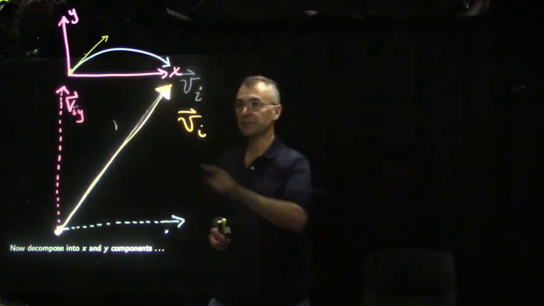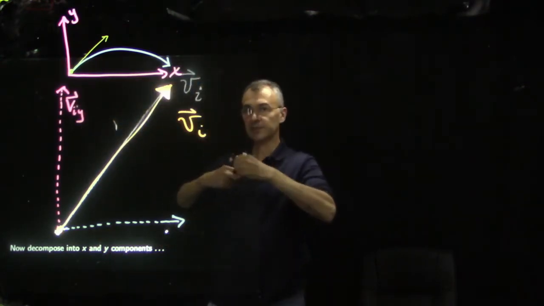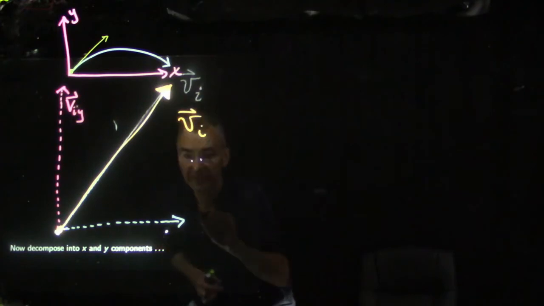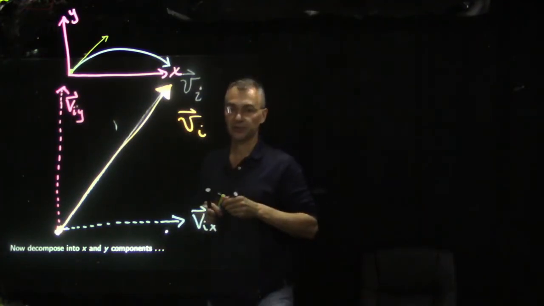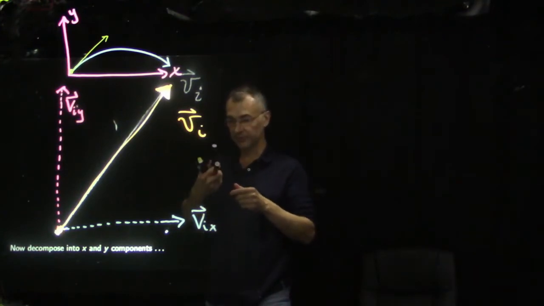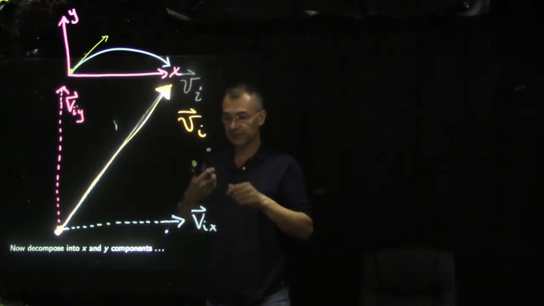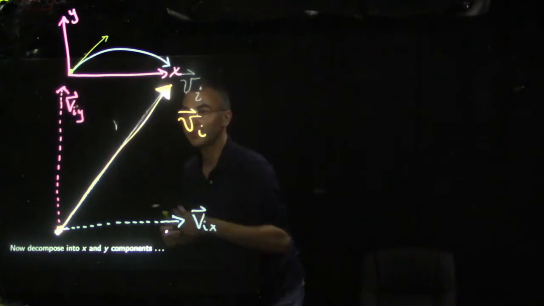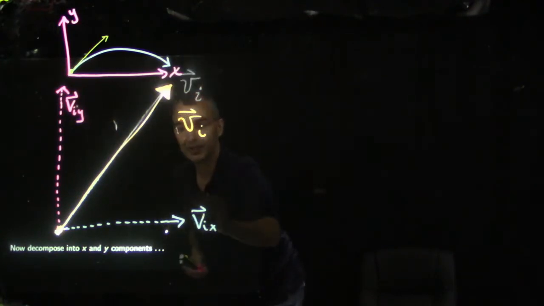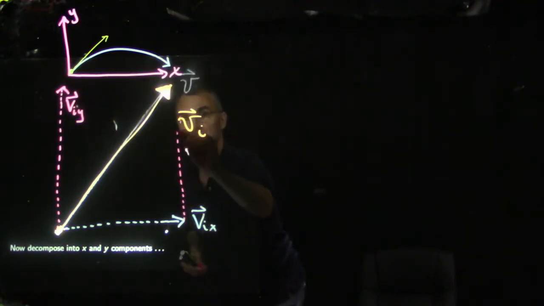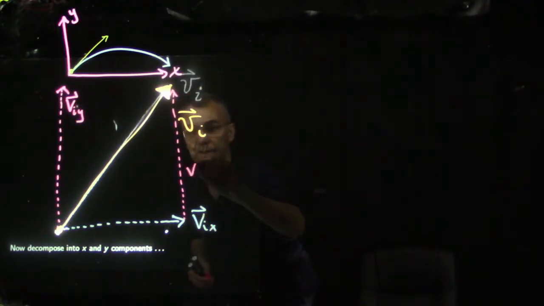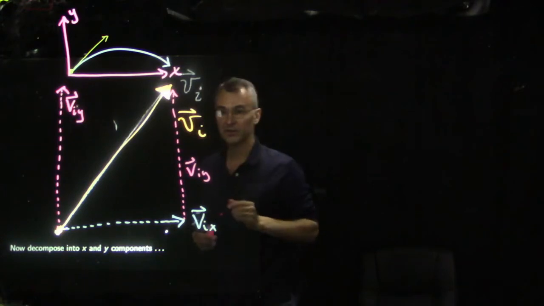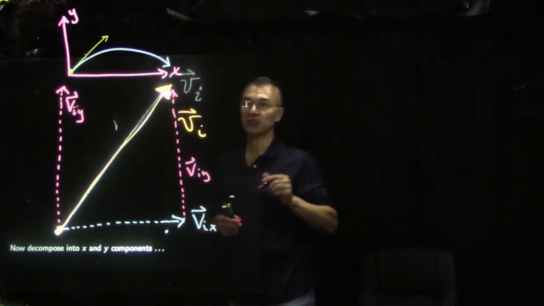The textbook sometimes calls this V initial Y component with an arrow over it and V initial X component with an arrow over it. This is a little bit of unusual notation. But then if you take this vector and you make a copy of it over here so that you're putting the two parts head to tail, you can see that they add up to the original vector.